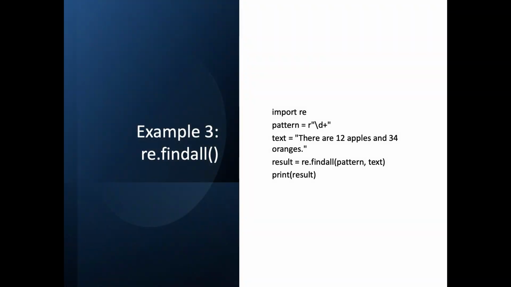Okay, let's move on to our next common function in the re module, and that is the findall function. As the name implies, this function returns all matches of the pattern in the string, and it returns these matched values as a list. Now in this code example, we use the pattern \d followed by a plus sign, and we already learned that the plus sign in regex means for something to appear at least one or more times.